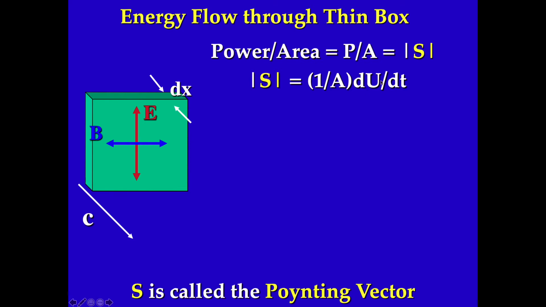So dU/dt, where U is the total energy, is the rate at which energy flows through the box. And then dividing it by A gives you the energy per unit area per unit time.